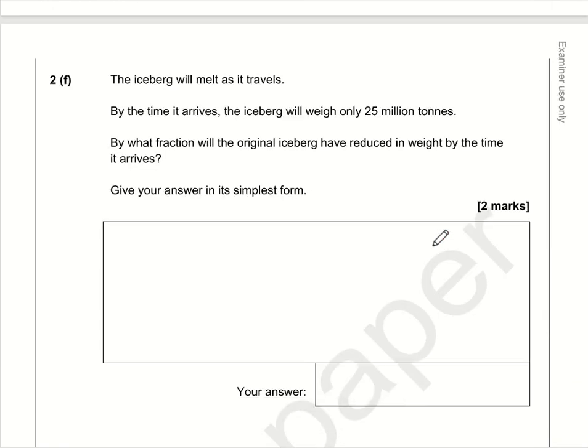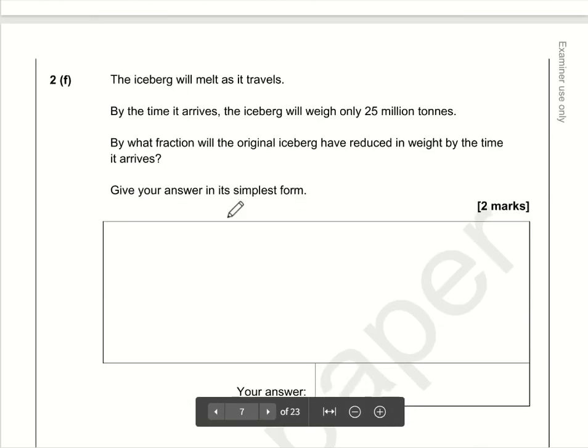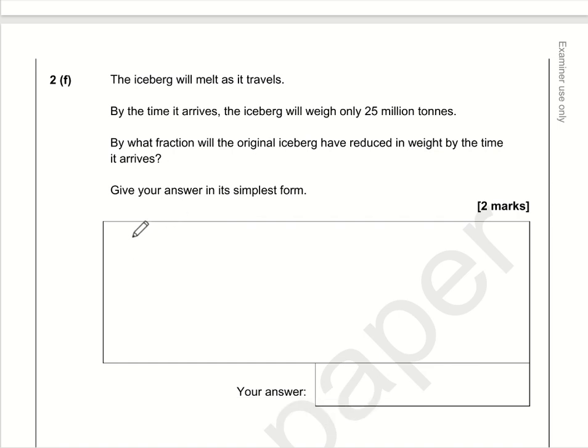Okay, so the iceberg will melt as it travels. By the time it arrives, the iceberg will weigh only 25 million tons. Okay, so I forgot what it weighed originally. It weighs 40 million. So it's lost 40 take away 25, so it's 15 million tons.